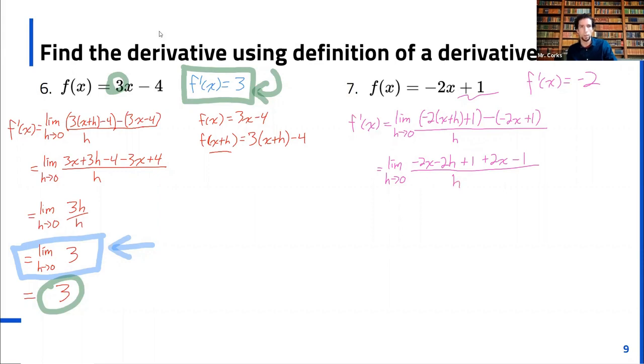And we can see what's happening here. The negative 2x, positive 2x, positive 1, negative 1. And we are left with limit as h approaches 0 of negative 2h over h, and limit as h approaches 0 of negative 2. No more h, so just negative 2.